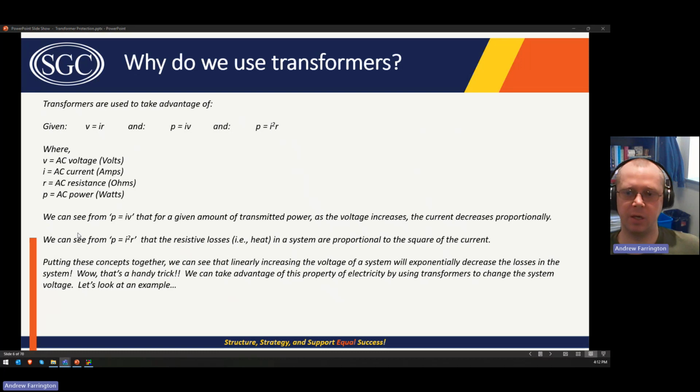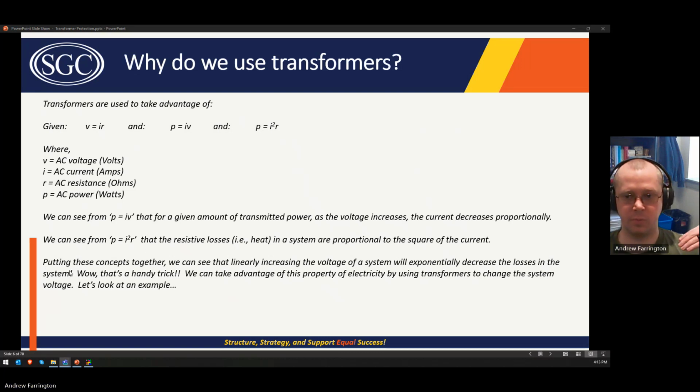We can see that for a given amount of transmitted power, as the voltage increases, the current decreases proportionally. And given that the resistive losses are exponentially related to the amount of current going through the circuit, you can see that for a linear increase in voltage, you get an exponential decrease in losses.